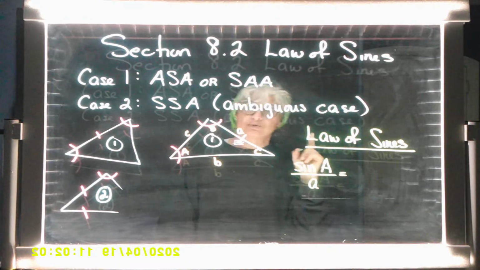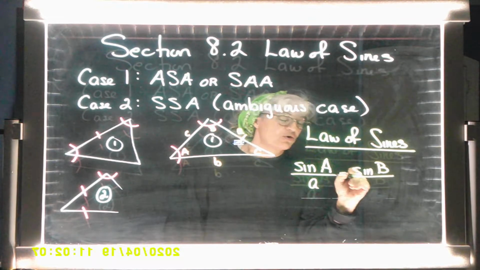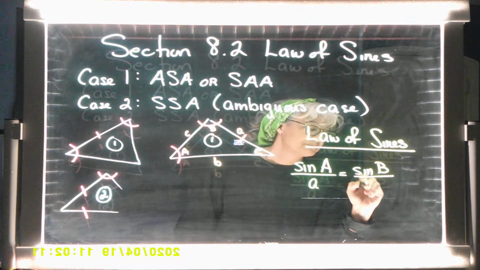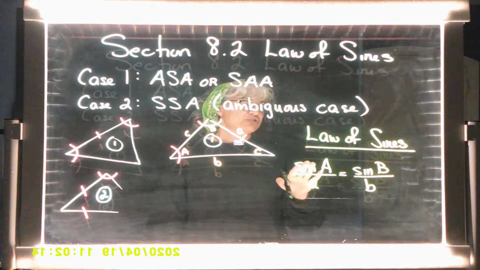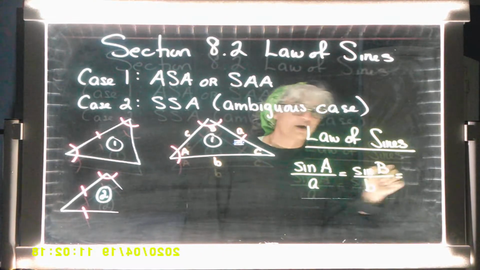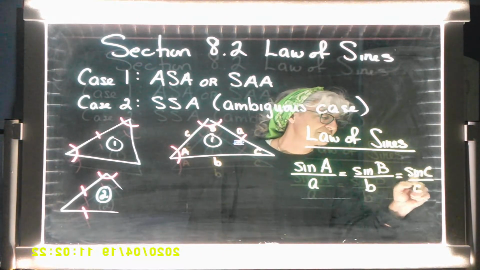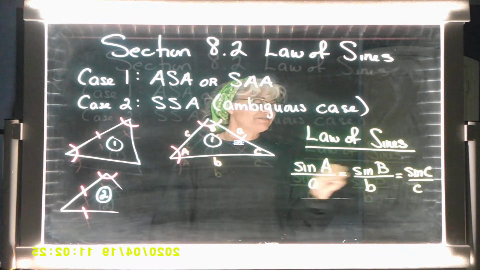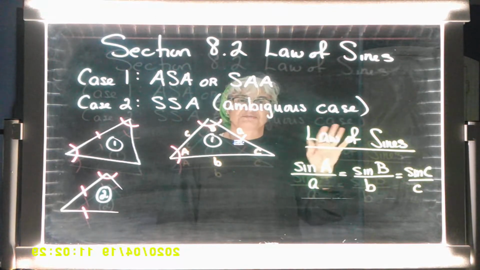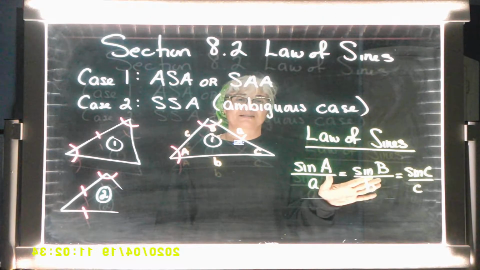And that could equal the sine of angle B over its corresponding side, which would be side b. Okay? So I can set it up like this, or I could have one of these equal to the sine of C over its corresponding side. Any of these 3 can be equal to each other. Okay? So it just depends what information you have. All right? So there's the law of sines.